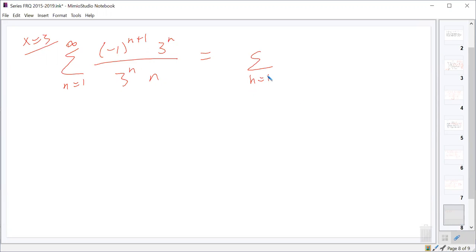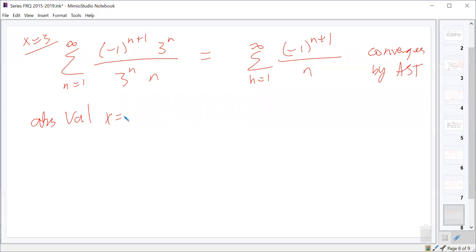The sum from n equals 1 to infinity of -1 to the n plus 1 over n, which converges by the alternating series test. Everybody agree with that? And then our absolute value at x equals 3 should just be the sum from n equals 1 to infinity of 1 over n, which diverges by the p-series test.